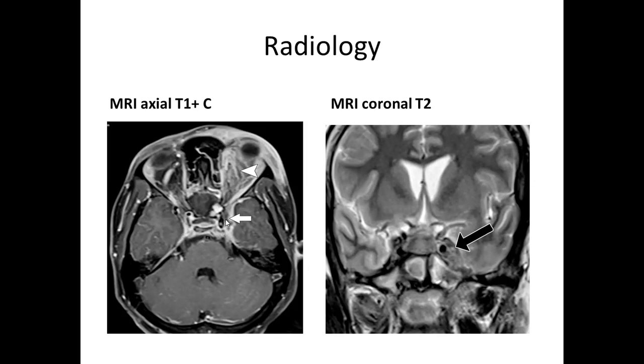This is the cavernous sinus with an increase in diameter, and this is a thrombus which is hypodensity. This is an image showing hypodensity of the cavernous sinus. Where is the hypodensity?